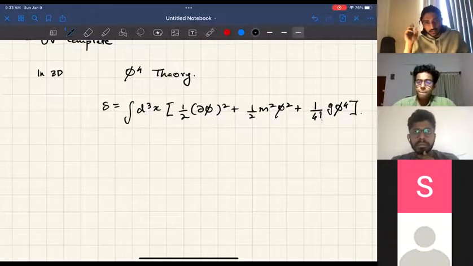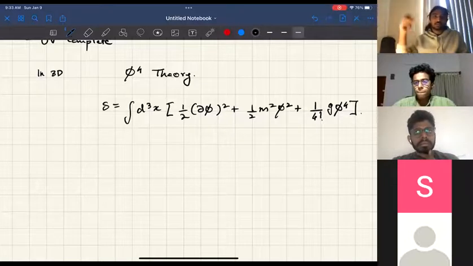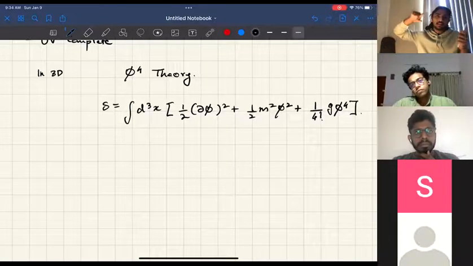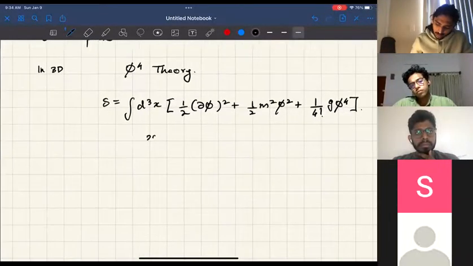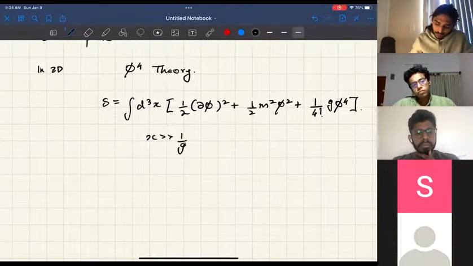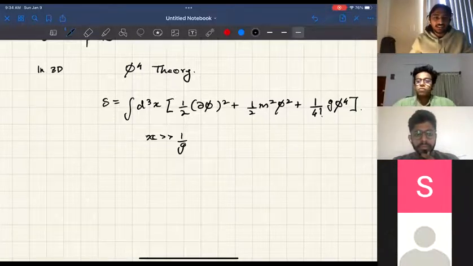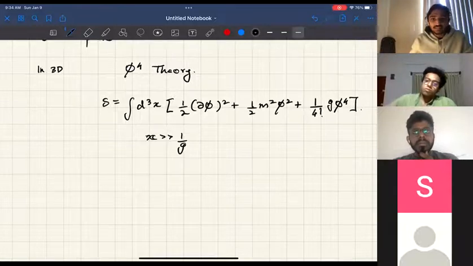Zooming out to large distances, x goes as 1 over g, and it breaks down our calculations at this point. It's not really perturbative in this sense.